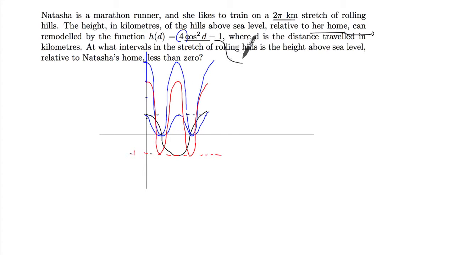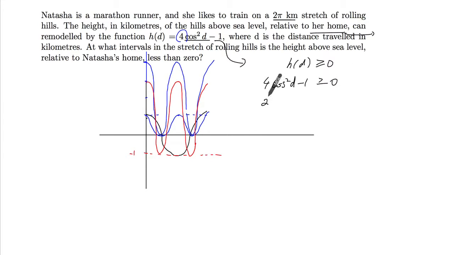But to actually solve when h of d is equal to 0, or I should say, we're trying to find out when it is above sea level, so greater than or equal to 0, finding where it's equal to 0 is key here. Let's replace that with 4 cosine squared d minus 1 is greater than or equal to 0.